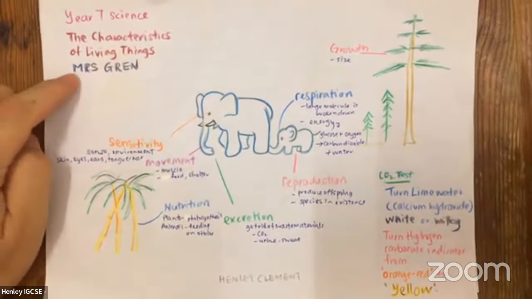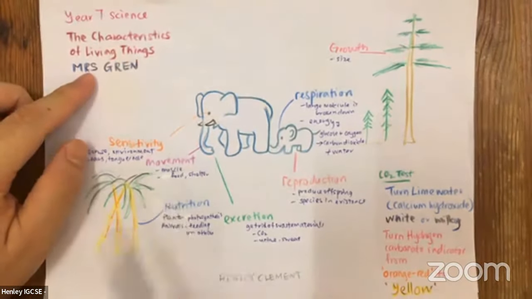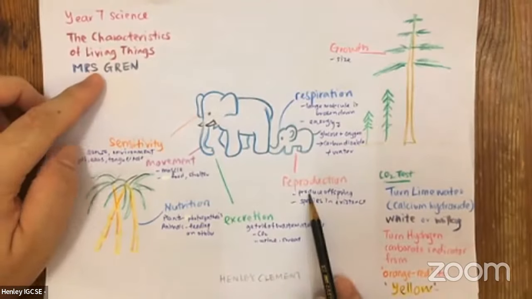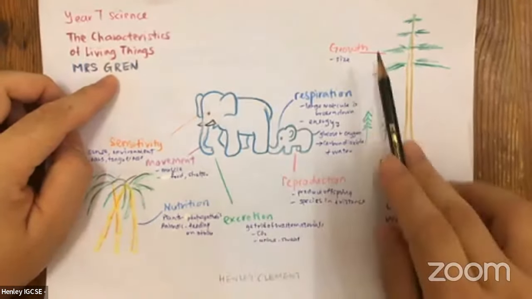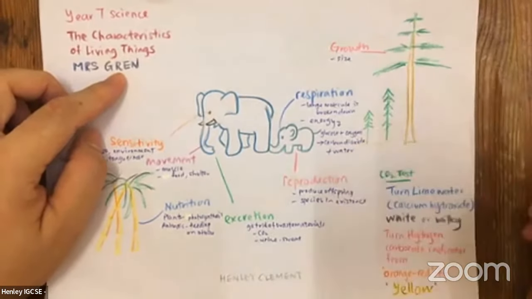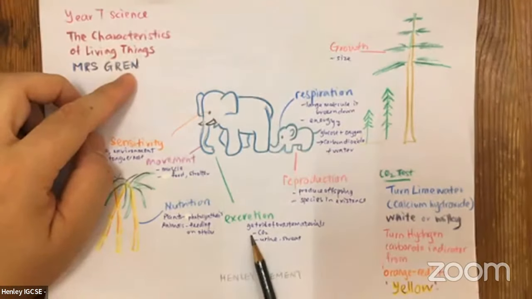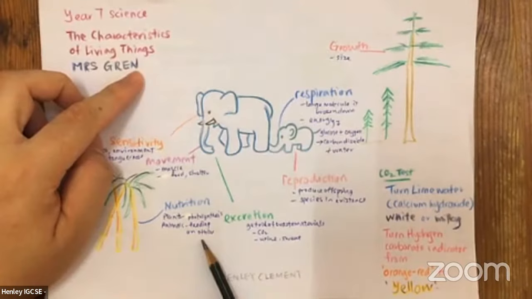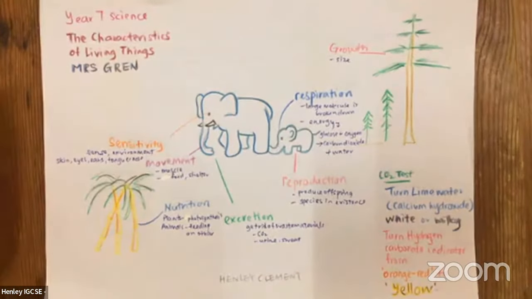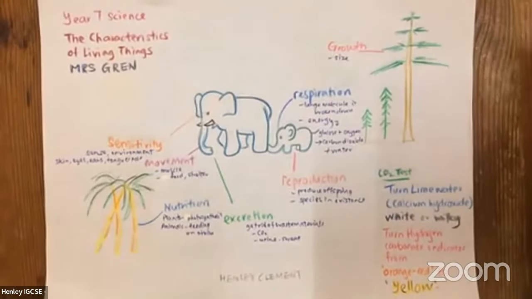M for movement, R for reproduction, S for sensitivity, G for growth, R again for respiration, E for excretion, and lastly, N for nutrition.